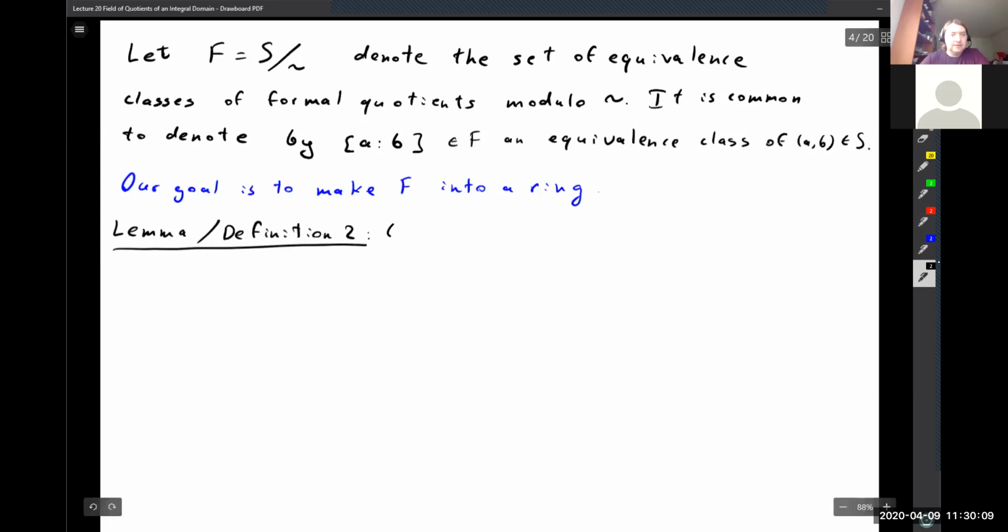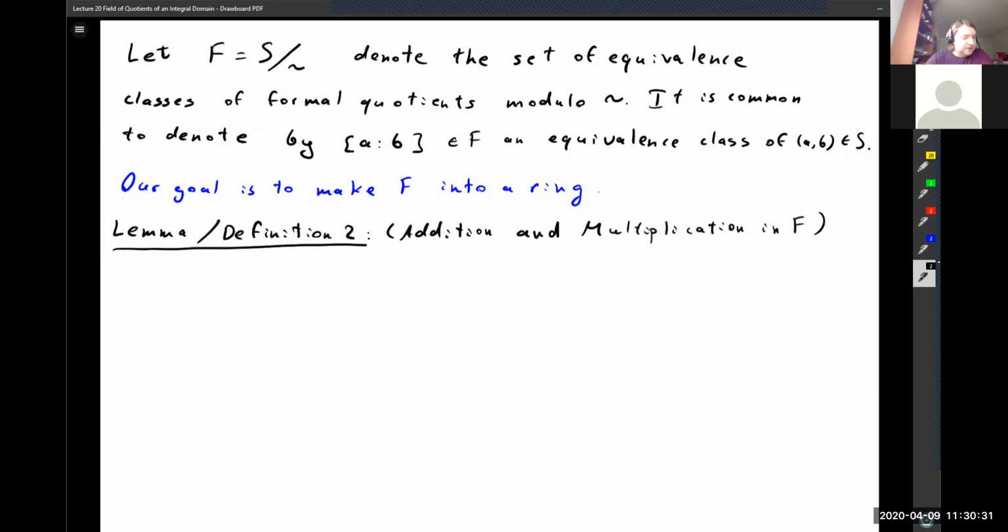Okay, it's addition and multiplication in F.